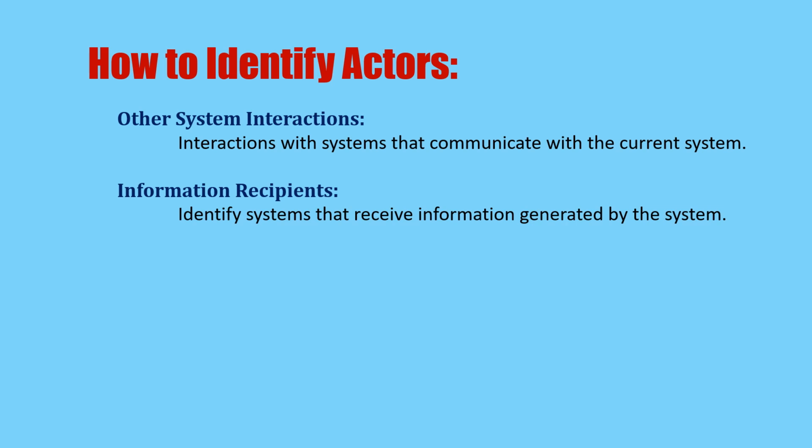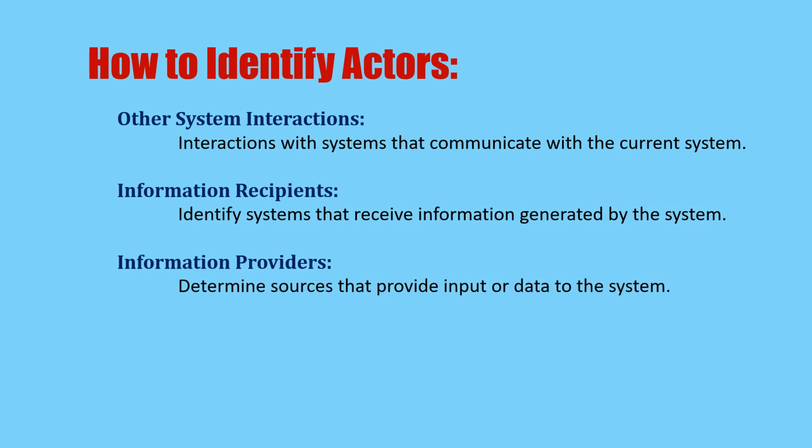Information recipients: identify parties or systems that receive information generated or processed by the system. For example, reporting tools, analytic platforms, or external stakeholders. Information provider: determine sources or systems that provide input or data to the system.